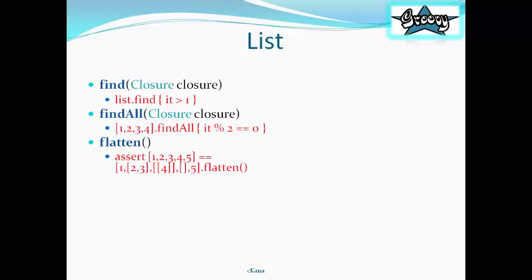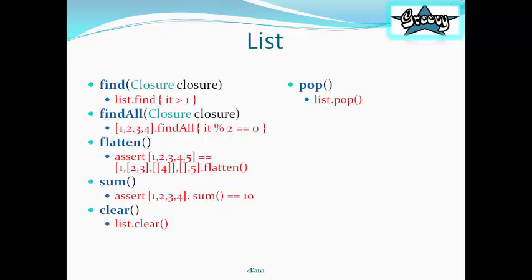In this collection, any nested arrays or collections have their contents recursively added to the new collection. Then we have the sum which sums anything with the plus method. We have clear, we can clear a list of all the elements. Then we have a pop method. We can pop the last item from a list and use the list as a simple stack.